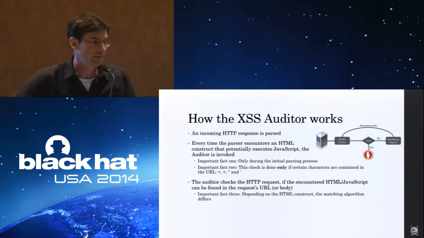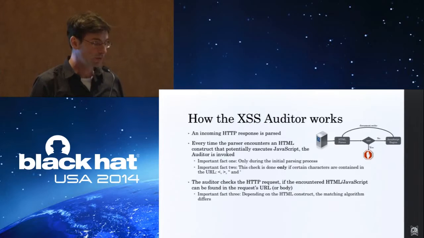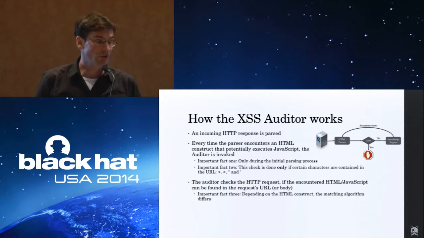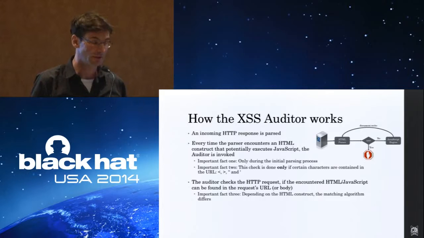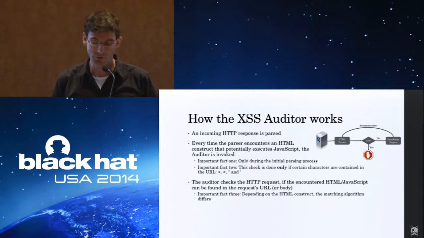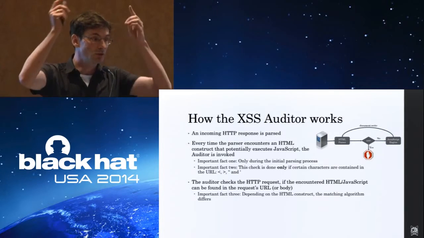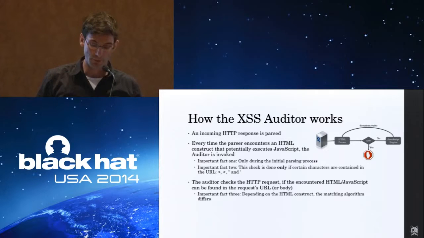If these two conditions are met, so if the auditor says okay, here's a JavaScript carrying construct, and the preconditions for a potential injection are present, then the auditor does the matching process. So it takes the JavaScript that you just found during the parsing process and checks for this JavaScript in the URL and for post requests in the post body.